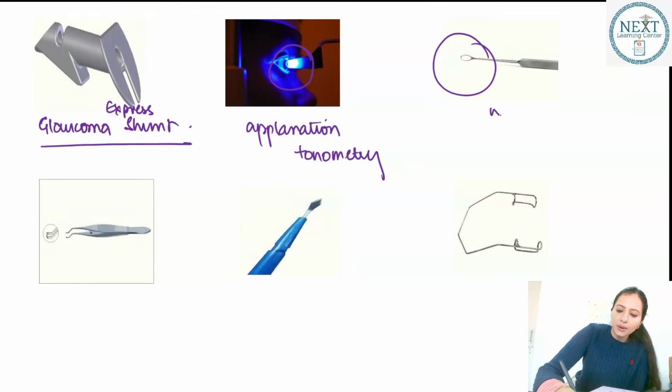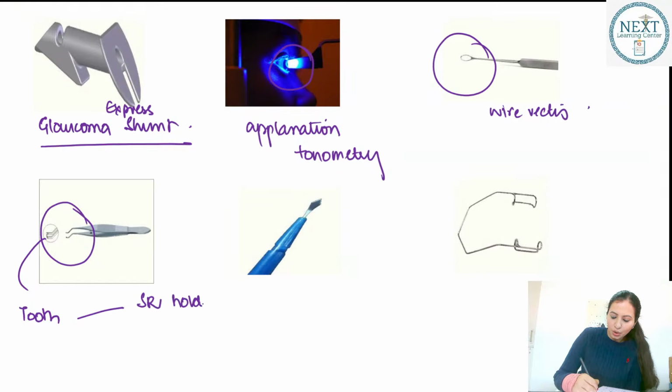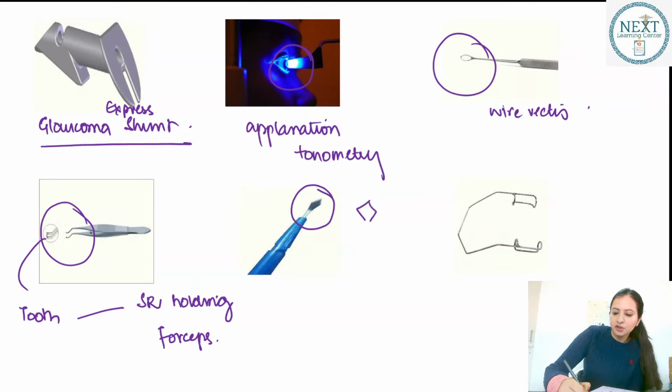This is your wire vectis used in cataract surgery. If you look here, this has got teeth. This is known as superior rectus holding forceps. This diamond shaped structure is what you call a keratome.